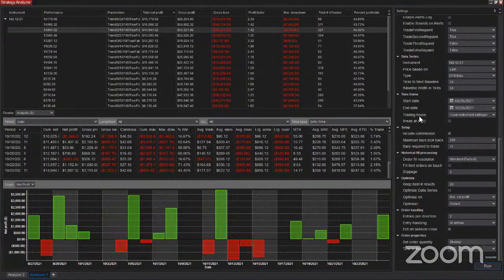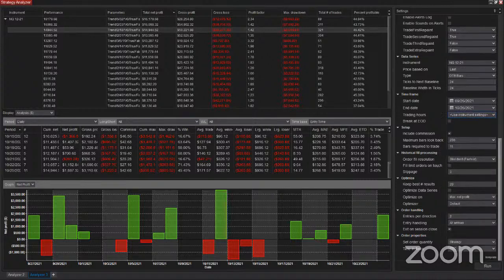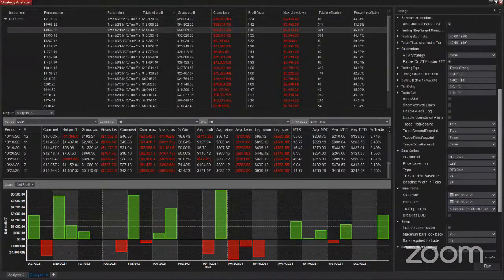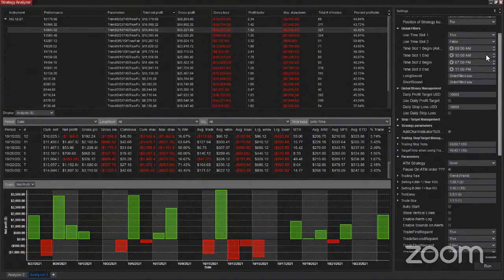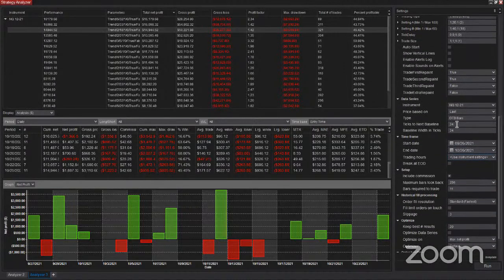So instead of optimizing only Tuesdays as an example, we're optimizing every single day between the trading hours of 9 a.m. to 10 a.m. So what it's going to do is every single day over the last month, it's going to give results of what settings worked during that period.